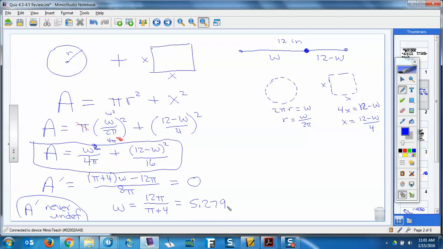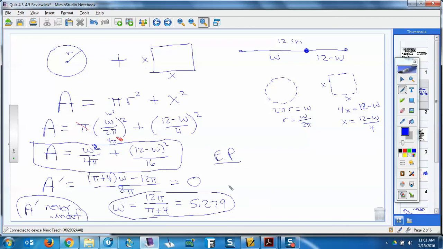That makes sense? Okay, now that's W. All right, so we have one candidate basically at this point, but what haven't we checked? Endpoints. So let's talk about endpoints.